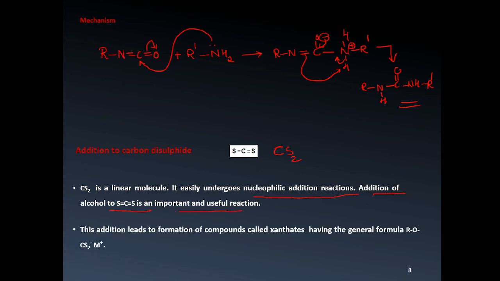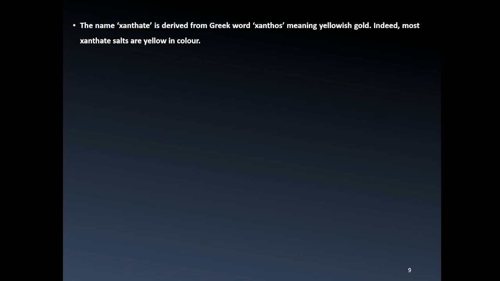This addition leads to the formation of compounds called xanthates, having the general formula ROCS2 minus M plus. The name xanthate is derived from the Greek word xanthos, meaning yellowish gold. Indeed, most xanthate salts are yellow in color.